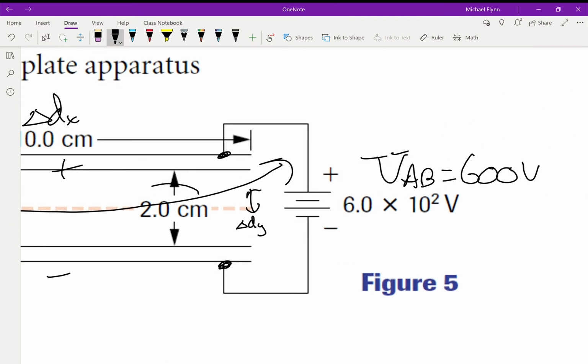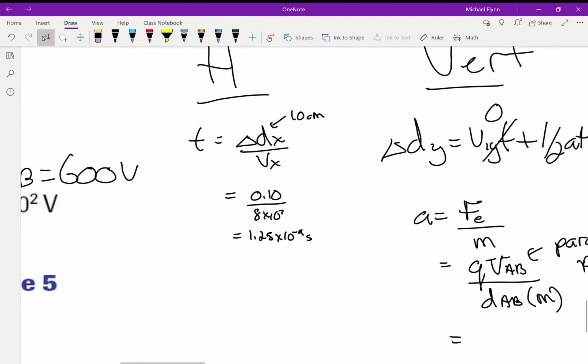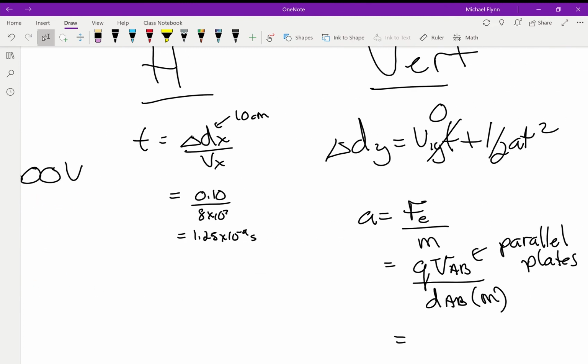DAB is 2 centimeters. So that is the plate separation, DAB, not the vertical displacement, right? So DAB here is 0.02. So here, let me write down all the numbers, divided by 0.02. What I did was I went 1.602 times 10 to the negative 19.